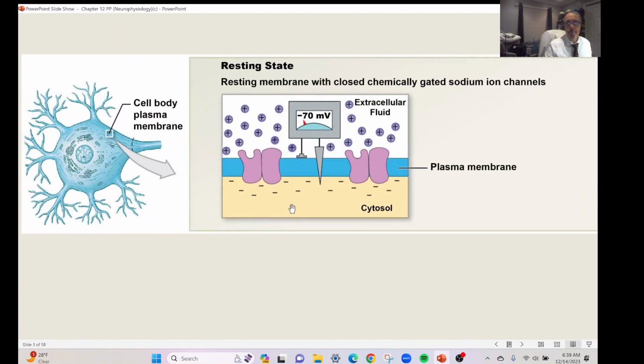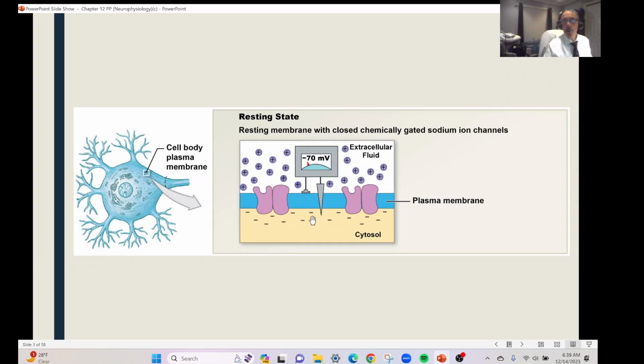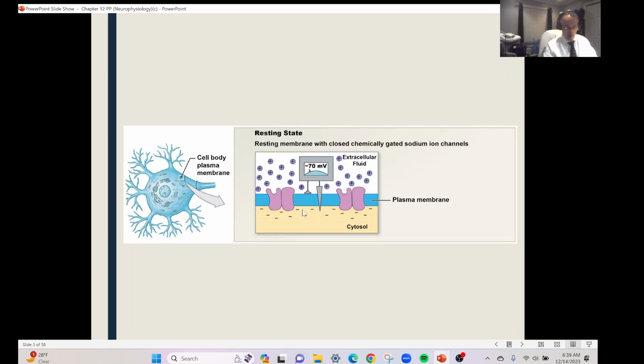Why? Notice here, they took the voltmeter and stuck the needle into the inside of the cell. The inside is negative, so we have to say negative 70 millivolts, right? On an exam, if you see a choice positive 70, don't pick that. That is not correct. It is negative 70. We're measuring the inside.